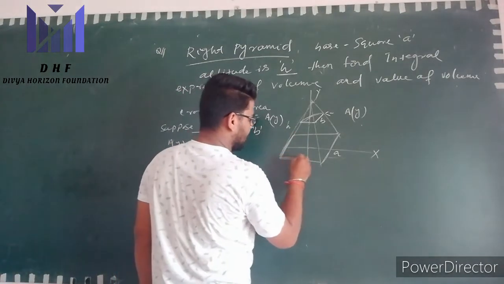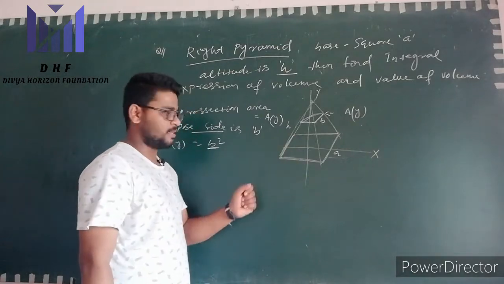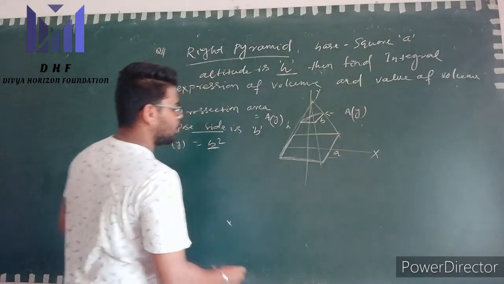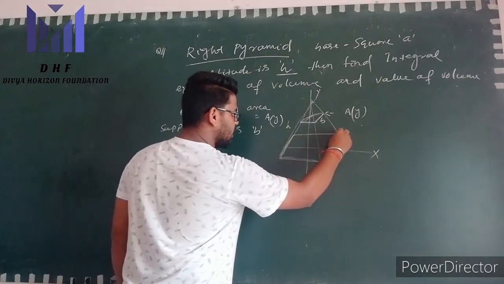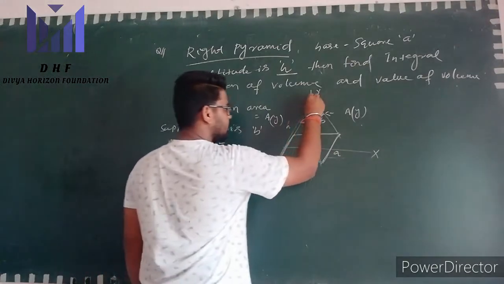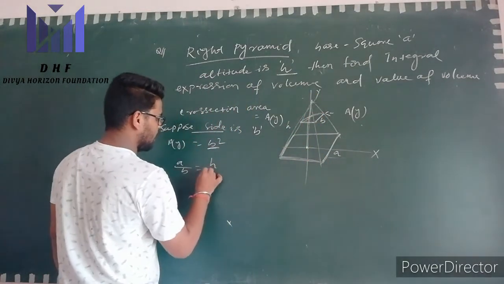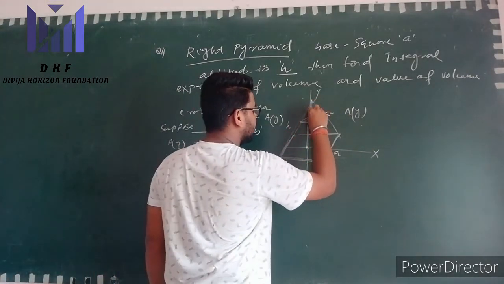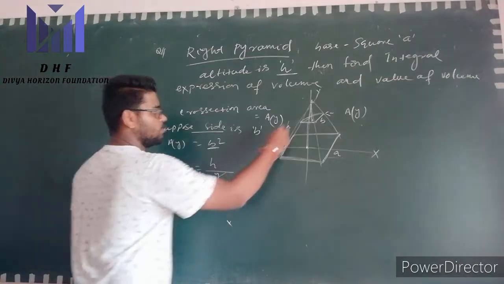Just compare the base and the cross-section area. Both are similar; both are squares. So I take a upon b, the side of the base and the side of the cross-section, equal to the altitude of the base, which is h, upon the altitude of the cross-section, which is y, because this is the y-axis.